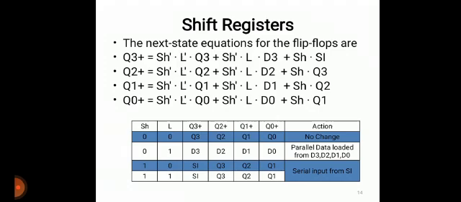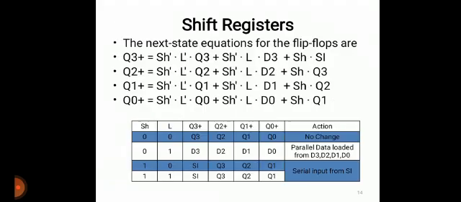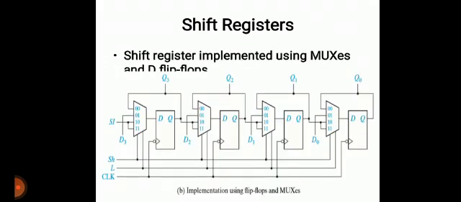You can observe here Q3, Q2, Q1 and Q0. The input of the multiplexer is connected to the output of the D flip-flop, which is again connected as the input for the next multiplexer.